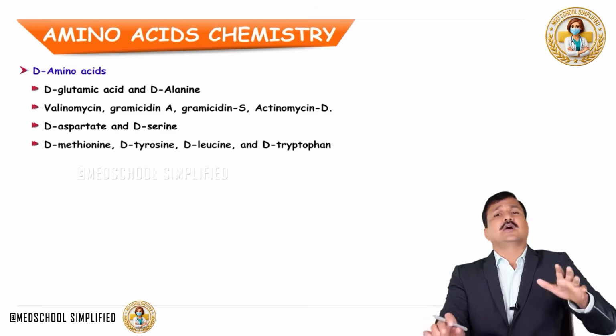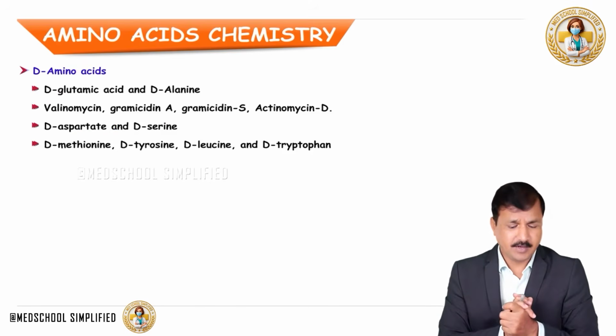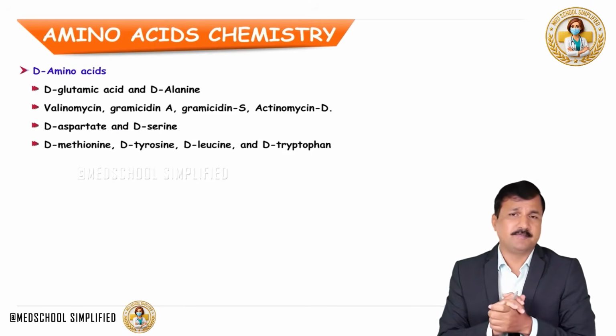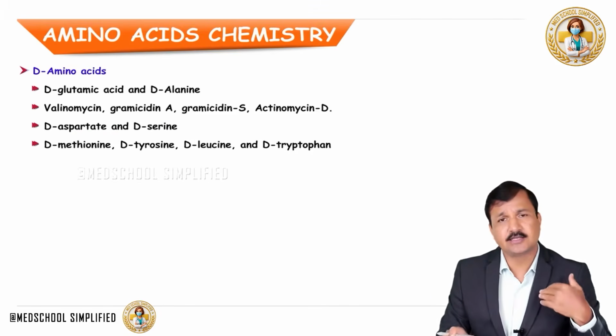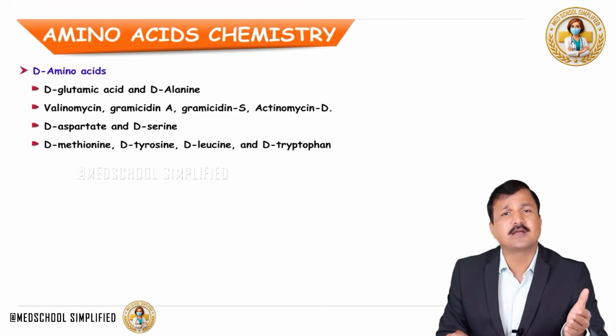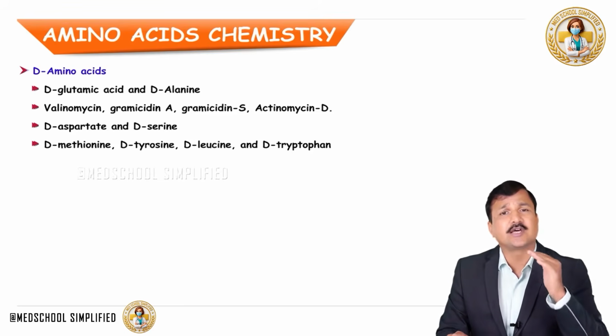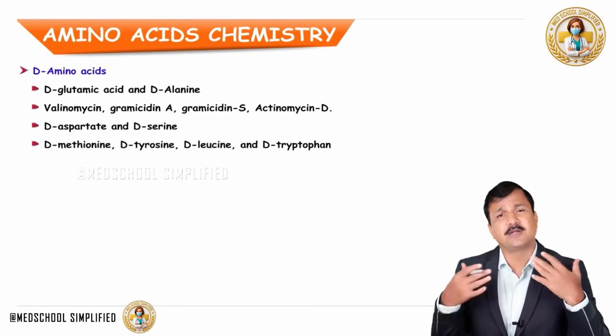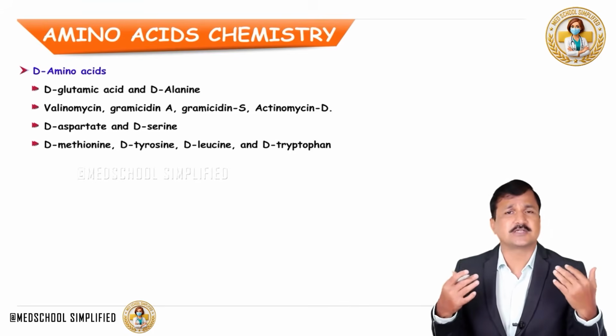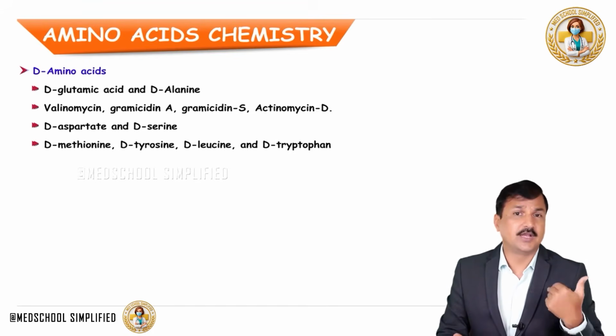Coming to some of the amino acids that can be of D form, which may come into our body either in the form of drugs or from bacteria. Those are D-amino acids, because predominantly most of the amino acids in our body are of L form, levo form.